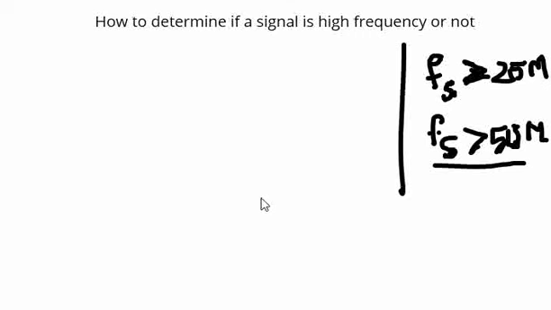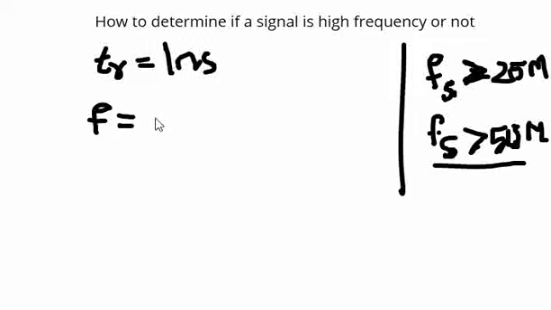Now let us assume someone didn't give you the frequency parameter directly. Someone told you that the rise time of the signals going through is something like 1 nanosecond. This is the parameter that is given. In this case, you have to calculate the frequency, which is given by 0.5 divided by rise time.